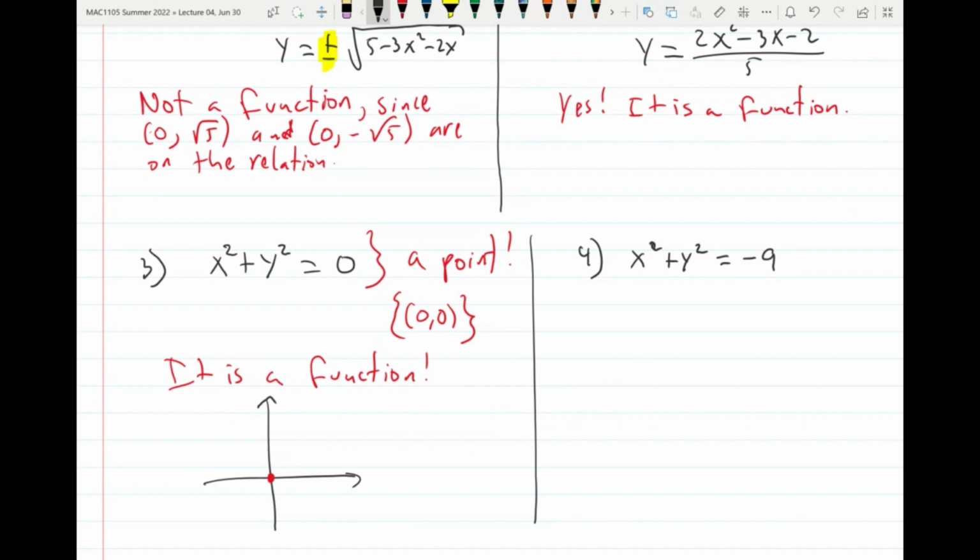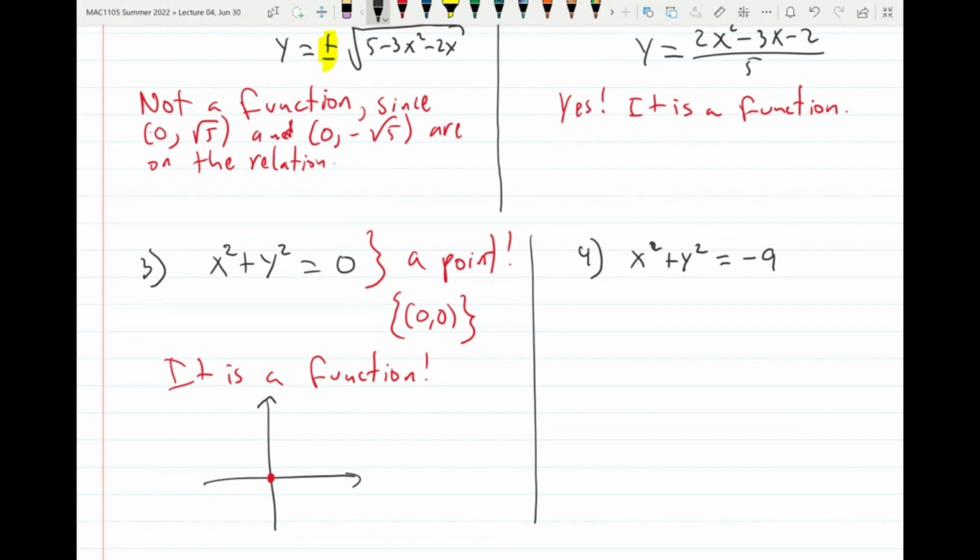What's the solution to this? For example, the solution to this was 0, 6, right? What's the solution to this? There is no solution. So what does that mean? There is no pair that satisfies this. In other words, what is our relation? It's the empty set, the set that has nothing in it.